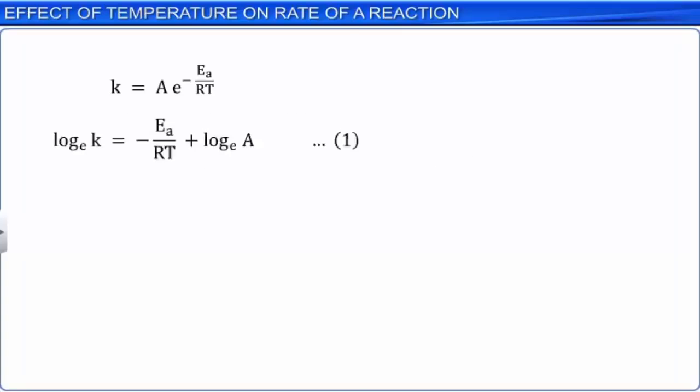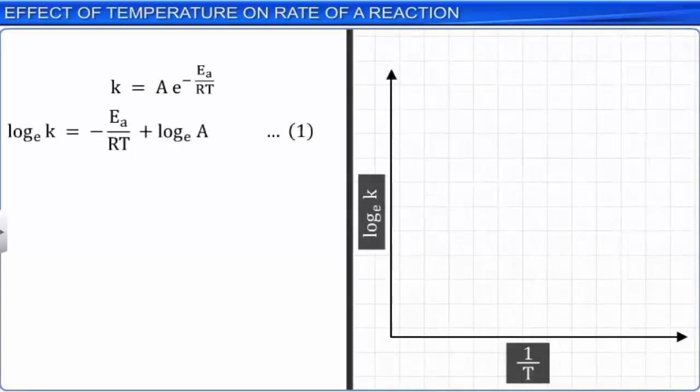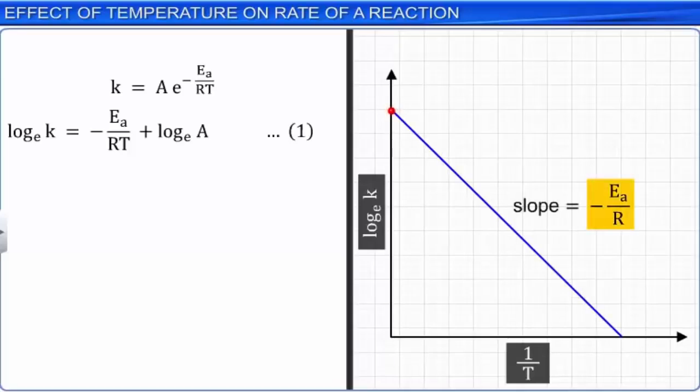If we plot log to the base e multiplied by k versus 1 by T on a graph, we get a straight line with slope minus EA by R, and the y-intercept as log to the base e multiplied by A. From the graph, we can see that as the temperature increases, the rate constant increases exponentially, and the activation energy decreases. As a result, the rate of reaction increases.